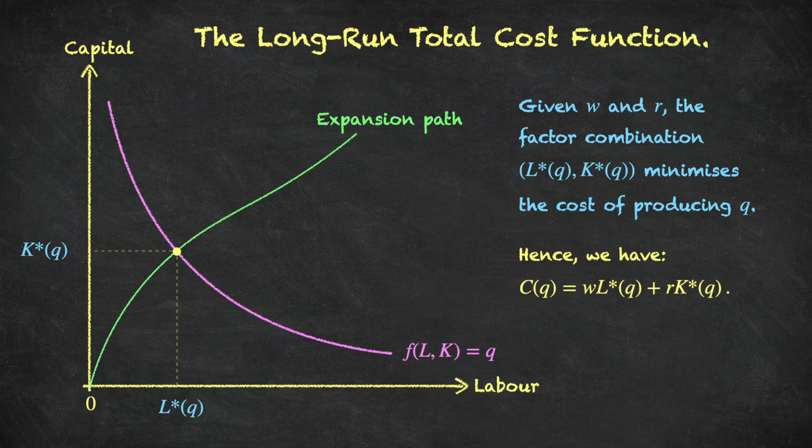Once I know the long-run total cost function, I can then derive many of the related cost functions, the marginal cost, average cost, and so on, all of which are so vital for the firm's decision-making in the long run.